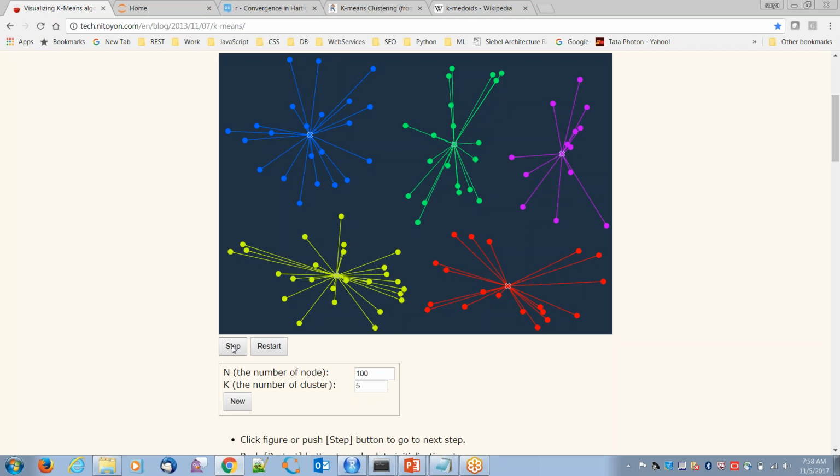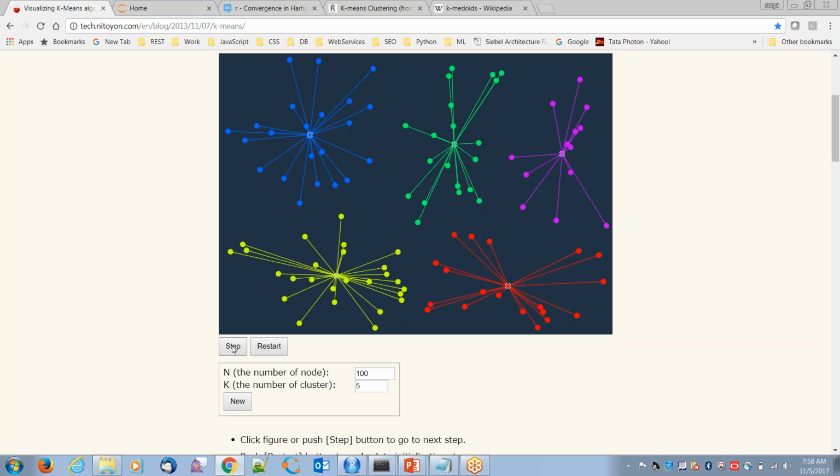So in k-means, once again, one of the disadvantages of k-means is how do we select k, right? That is one of the contention points, what should be an ideal value of k. We have one popular method which is strangely called the elbow method.